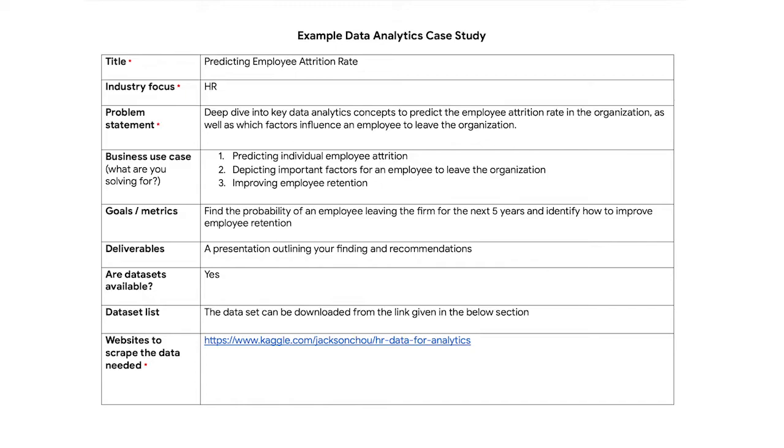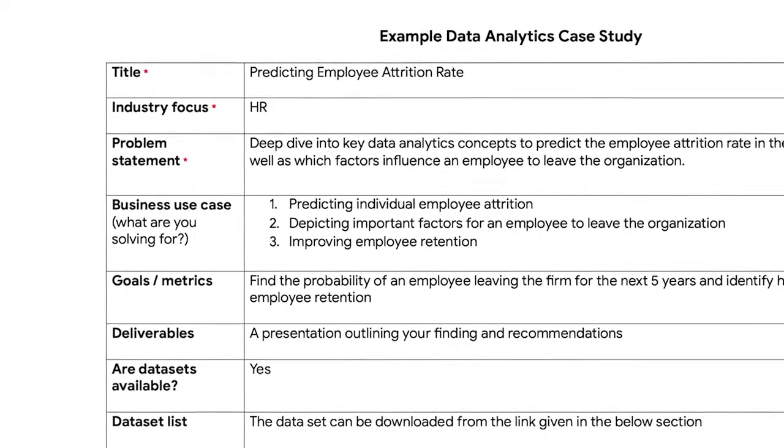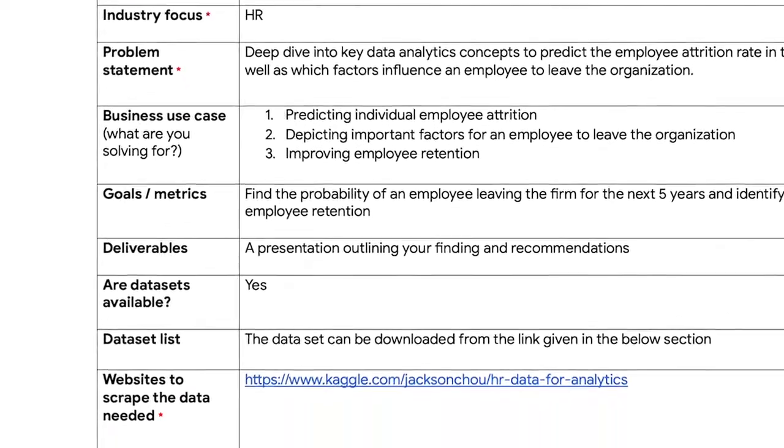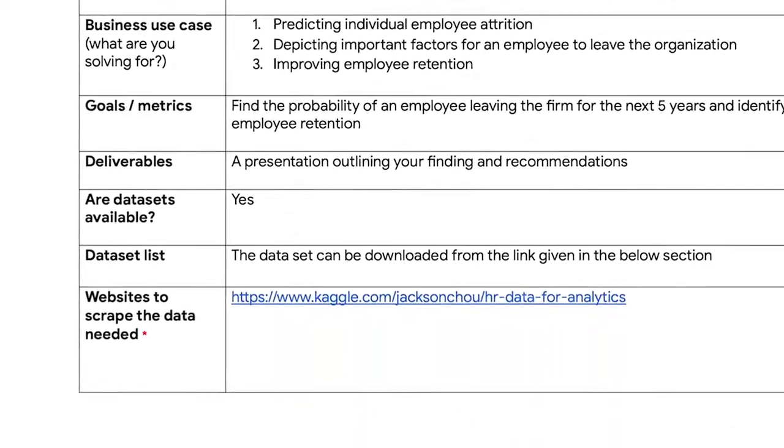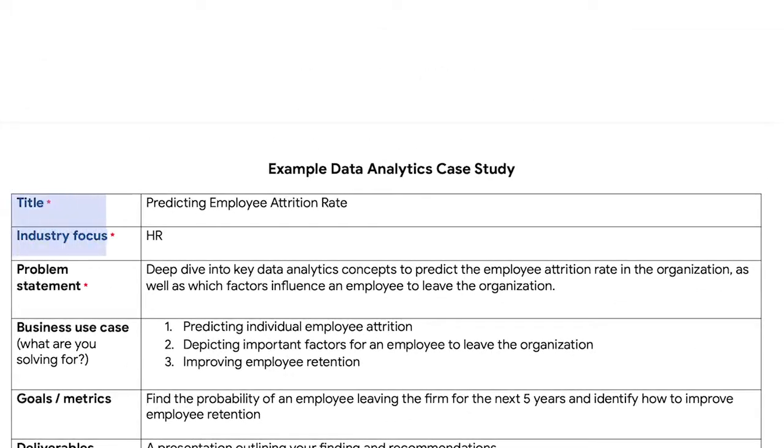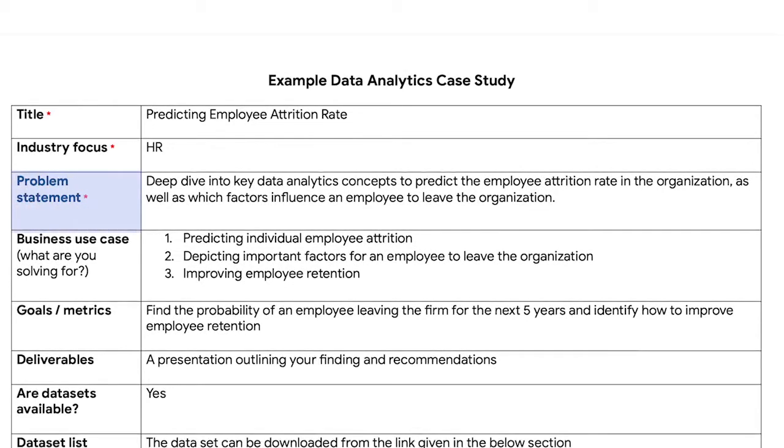Let's check out an example and break down all of the parts. This case study has all of the information we'd need to perform this task. It starts here with the title and the industry focus, predicting employee attrition rate for human resources. It also includes a problem statement outlining what the overall goal is.